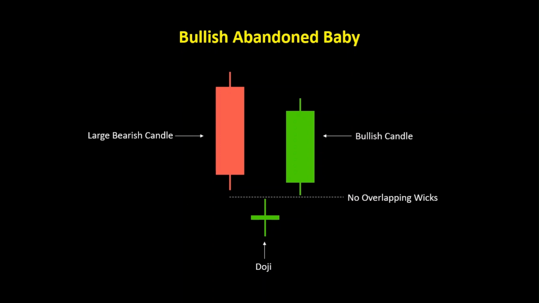Confirmation is stronger when accompanied by higher volume on the third candle. The bullish abandoned baby appears at the end of a downtrend and indicates a potential reversal to the upside. When all three candles align with clear price gaps, it suggests the selling pressure has been exhausted, and buyers are stepping in decisively.